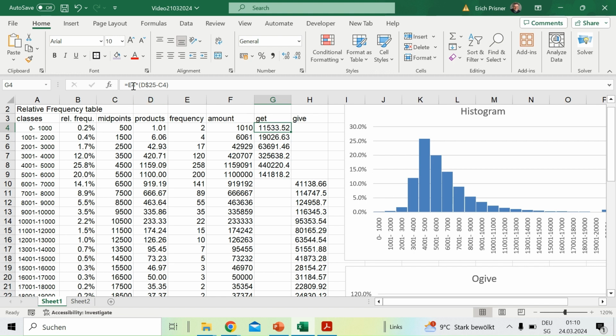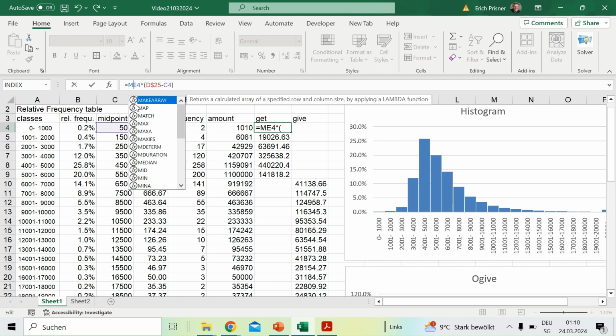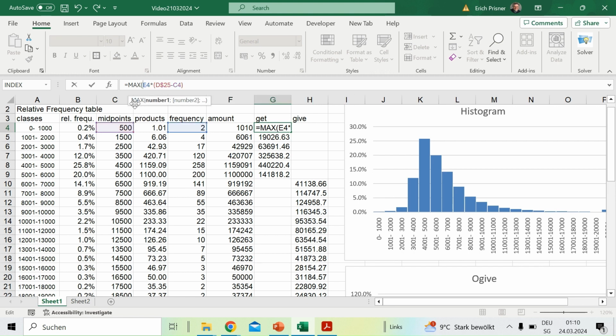And this can be done by the so-called max function. So I'm going here right after the equal sign, and I'm typing max and open a parenthesis. The max function has the format equal sign, max, open parentheses, and then a few entries inside the parentheses separated by commas.